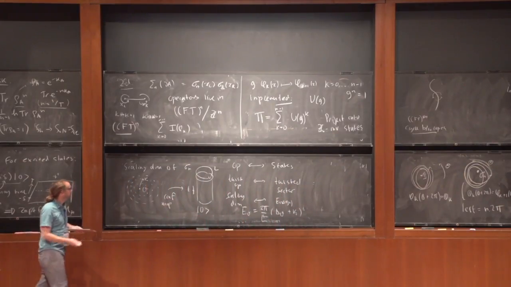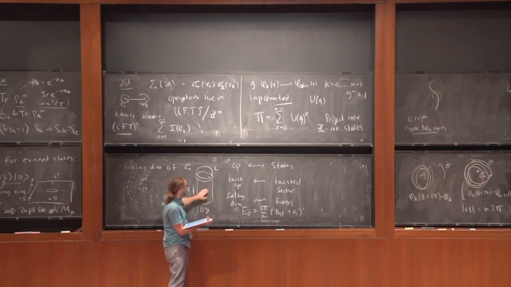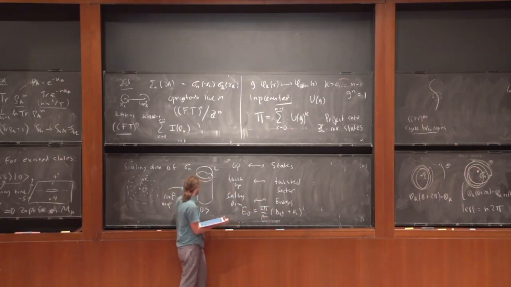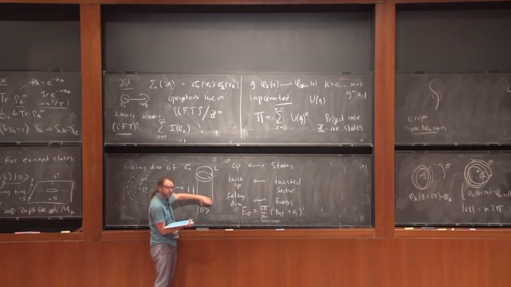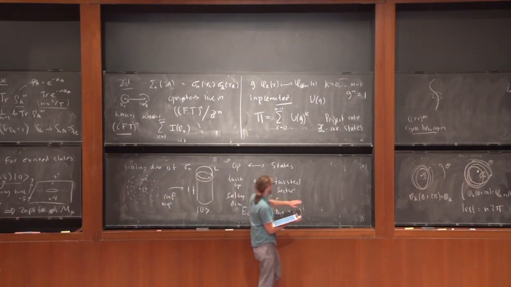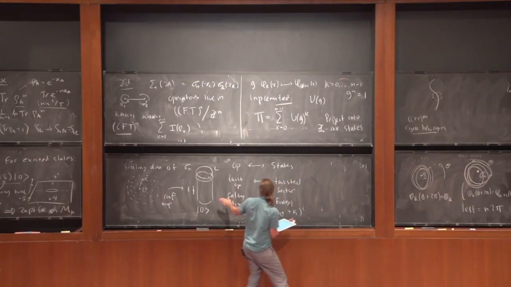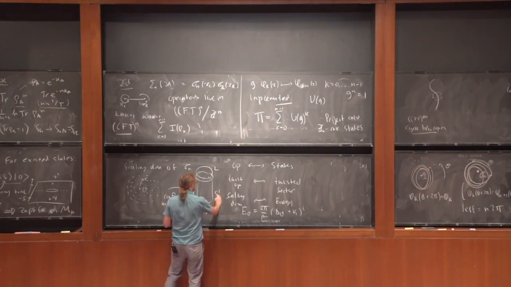An important part of this, related to the shift, is that if I think about the CFT on a cylinder, there's always a negative Casimir energy that comes from the fact that you're living on a compact manifold, which is S1.